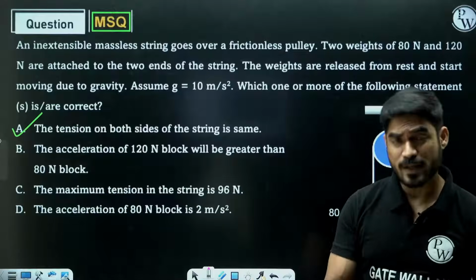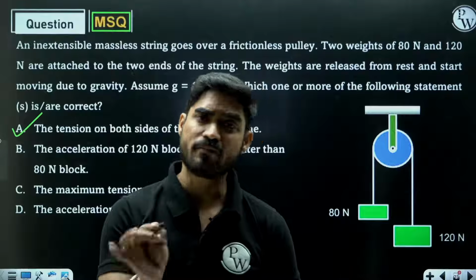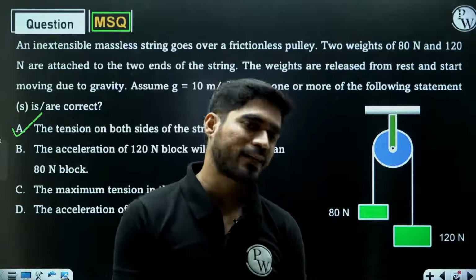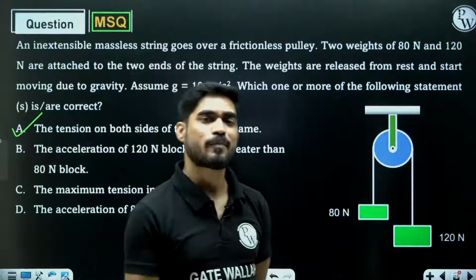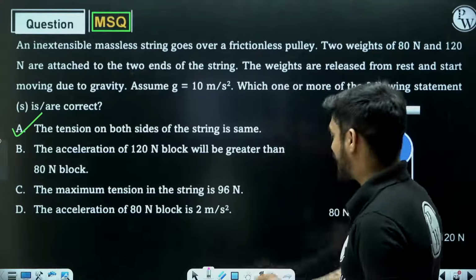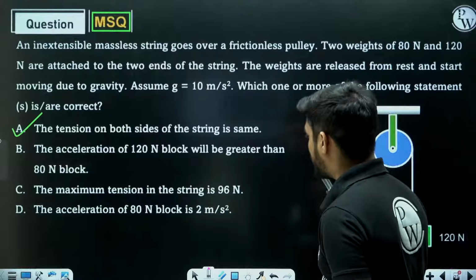And if the displacement is the same, then the velocity will also be the same. If x is the same, dx by dt will be the same. And if the velocity is the same, acceleration will also be the same, meaning d square x by dt square will also be the same. It means that the acceleration of the 120 Newton block and the 80 Newton block will be the same.